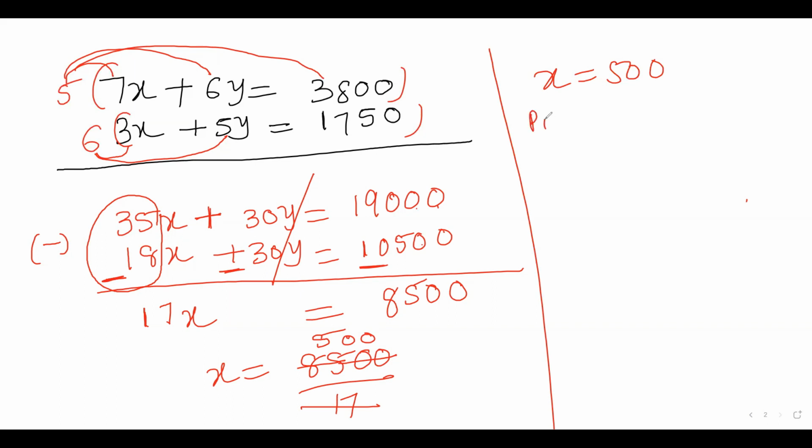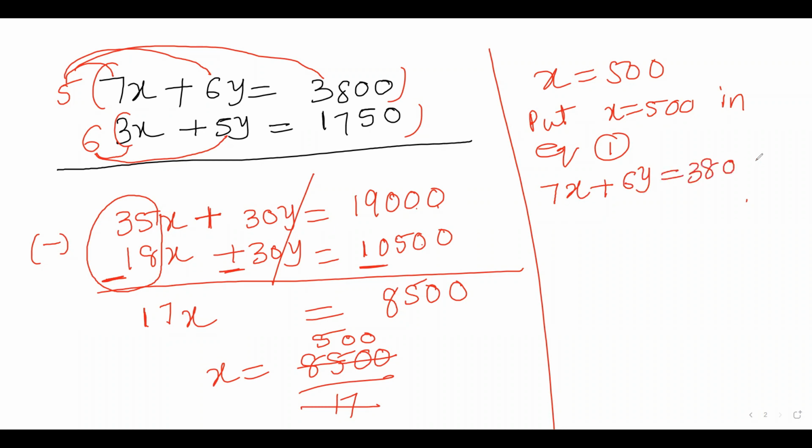Put x is equal to 500 in equation 1. What is equation 1? 7x plus 6y is equal to 3800. The x value is 500, so 7 5s are 3500.